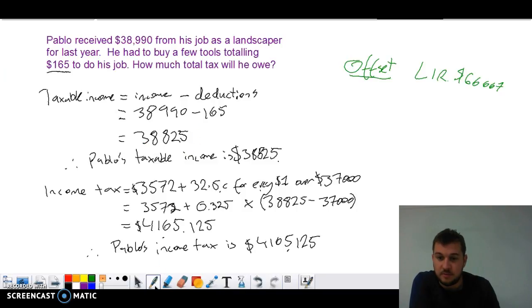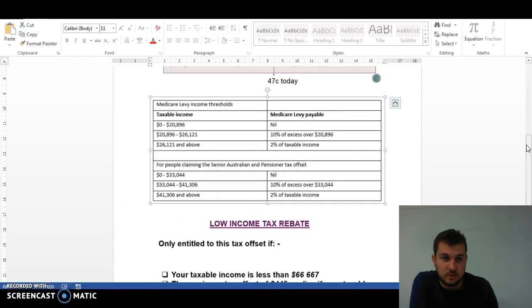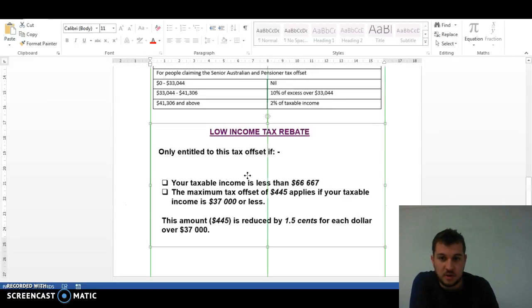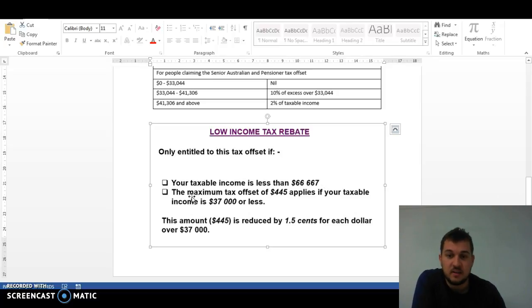Okay, refer to the bottom of the last page and let's read it. You get the rebate if your income is less than $66,667. The maximum tax offset of $445 applies if your taxable income is $37,000 or less.